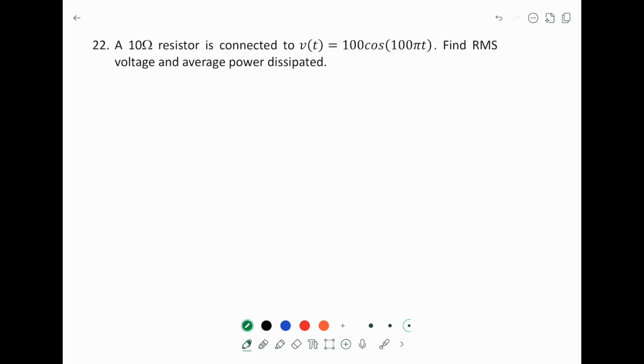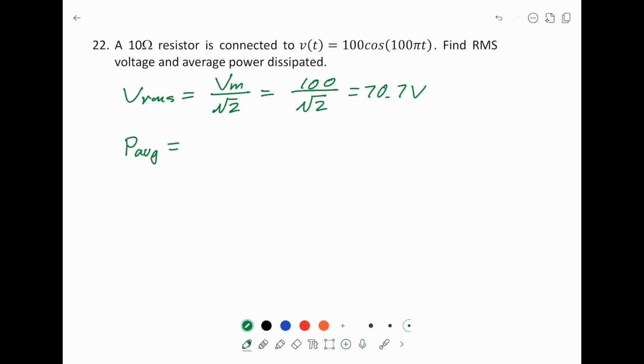The root mean square voltage is equal to the maximum value of the voltage divided by root 2. So it is 100 divided by root 2, and is equal to 70.7 volts. The average power is defined as the root mean square value of the voltage multiplied by the root mean square of the current.